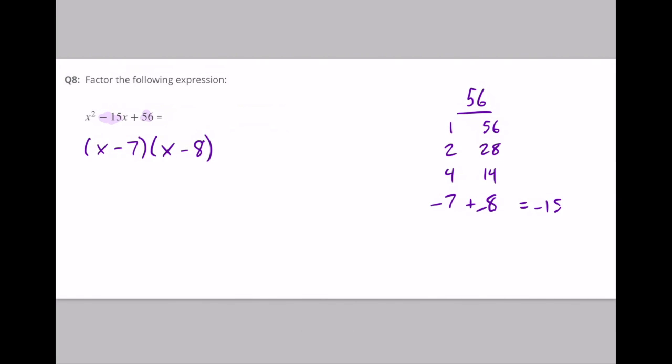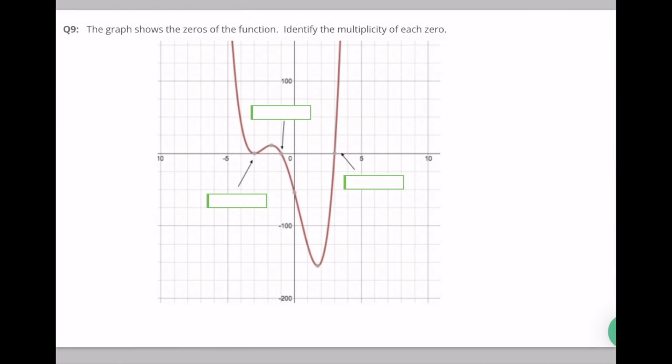Let's move on to question 9. What we're doing here is looking at the graph and determining the multiplicity of each root. So let's remind ourselves of our multiplicity. This is the behavior of what happens to the graph as it crosses through the x-axis.